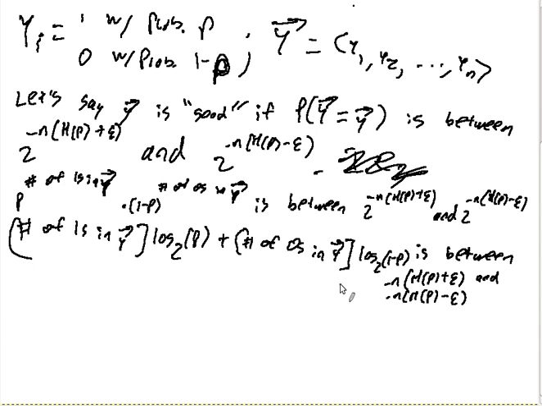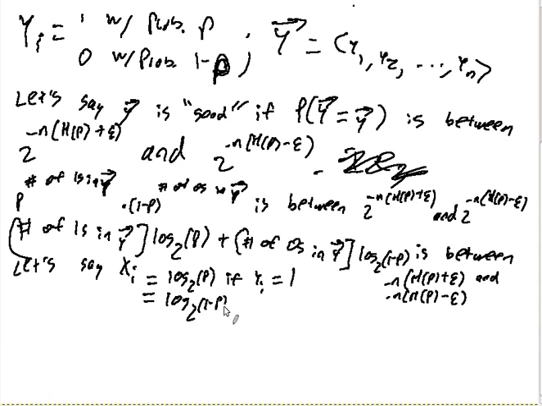Well, let's say x sub i equals log base 2 of p if y sub i equals 1 and equals log base 2 of 1 minus p if y sub i equals 0.